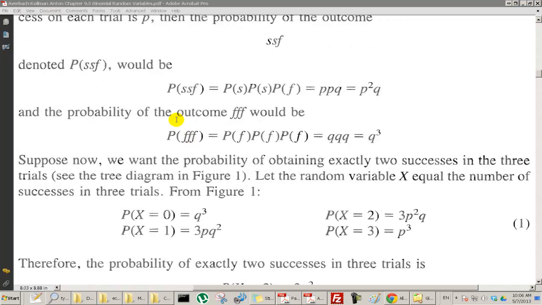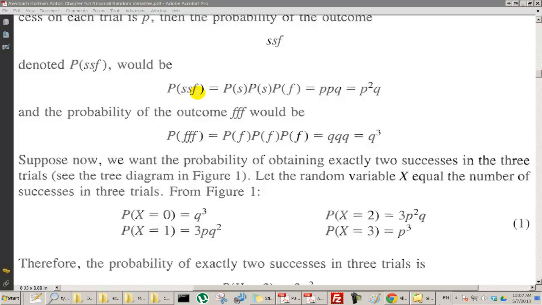And the probability of the outcome FFF, that means F and F and F, which means F intersect F intersect F, which means the probability of F times the probability of F times the probability of F. This was called Q, so it's Q times Q times Q, or Q cubed. Okay, so this was the probability of success, success, failure.